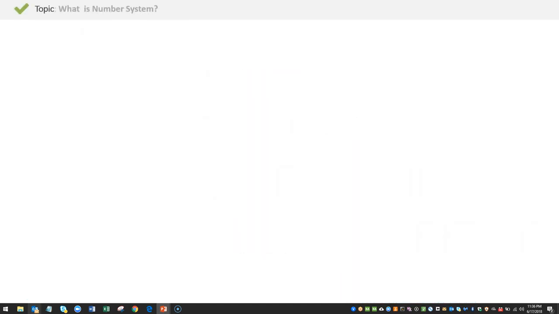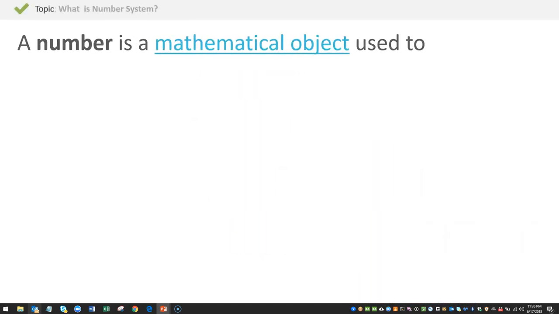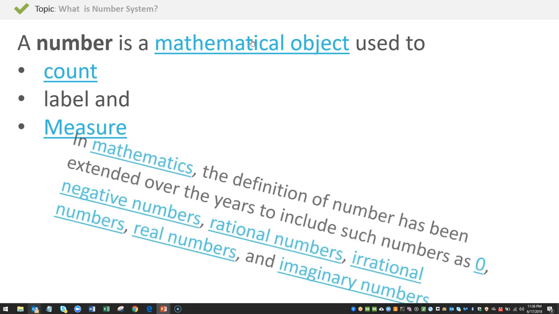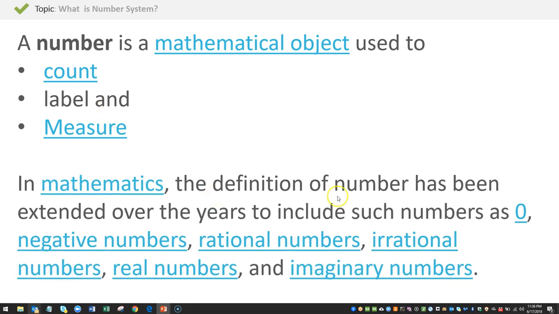So what is number system? A number is a mathematical object used to count, label, and measure. In mathematics, the definition of number has been extended over the years to include such numbers as zero, negative numbers, rational numbers, irrational numbers, real numbers, and imaginary numbers.